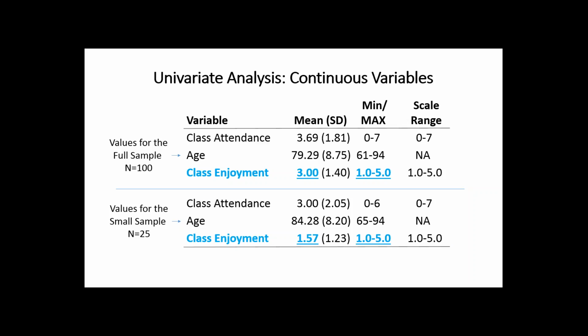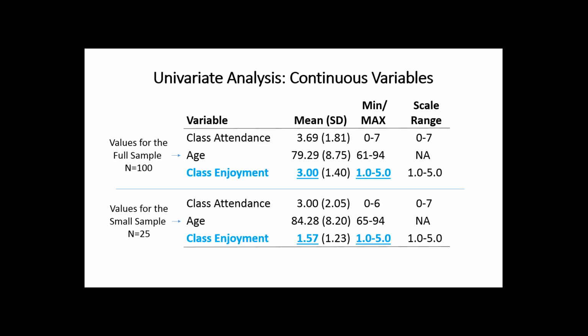But the real story is class enjoyment here. For the full 100, the mean score was 3. The scale is 1 to 5, so 3 is the midpoint. So the average person enjoyed class right at the middle part of the scale. Not really high, not really low. But if you look at the 25, the mean of class enjoyment is 1.57.